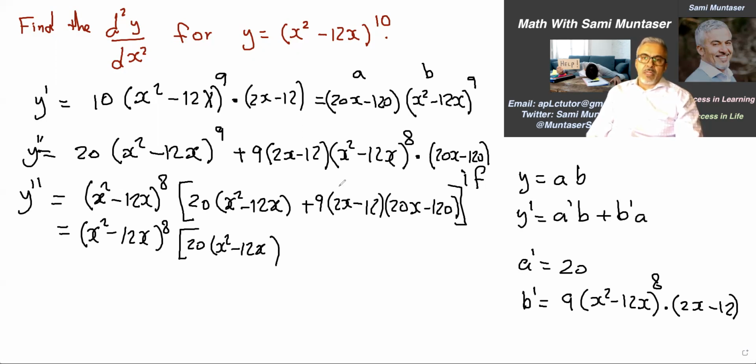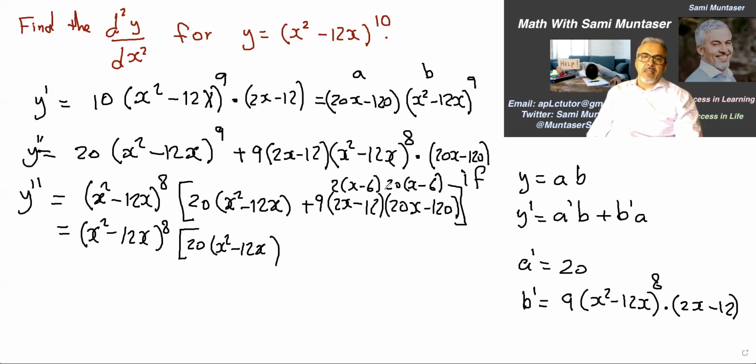So if you want me to make this simple for you, this here will look like 2x minus 6. And this part right here will look as 20x minus 6. So therefore, now we have 2 and 20 times 9.